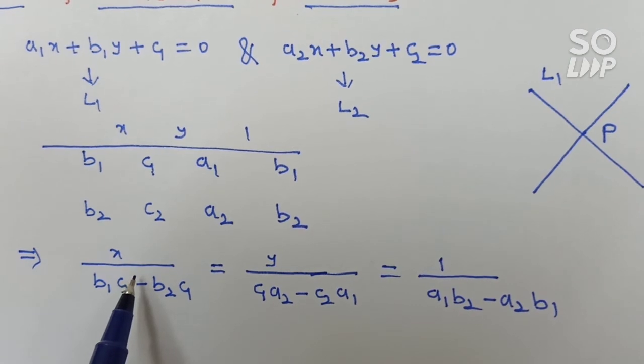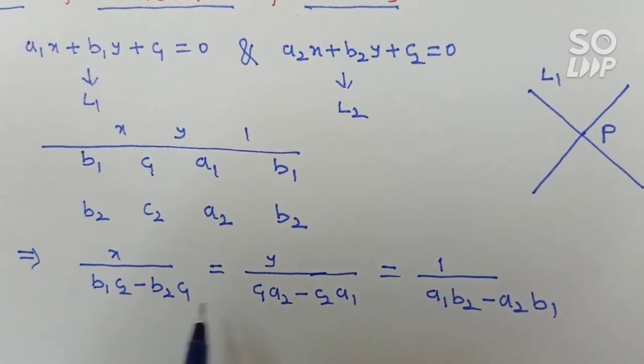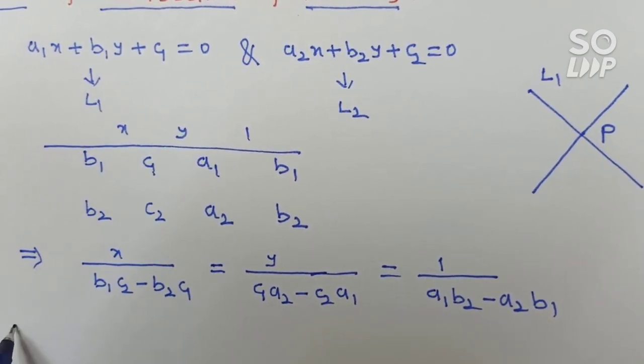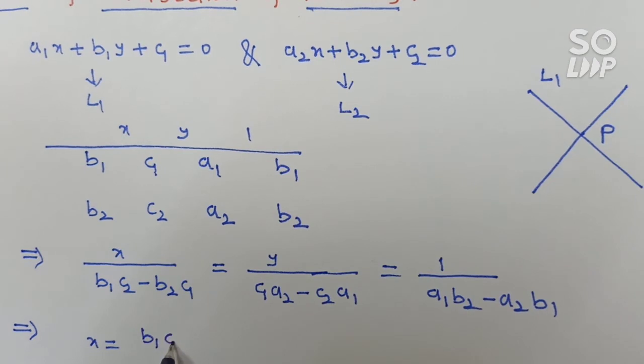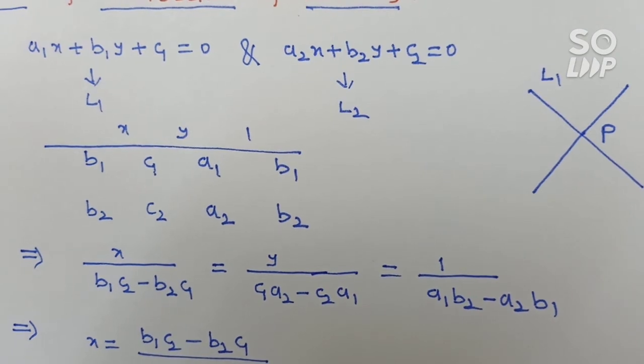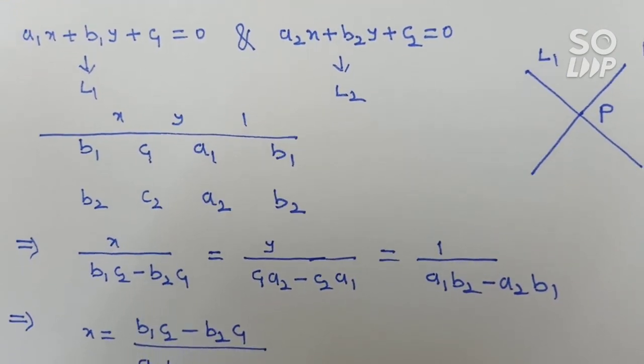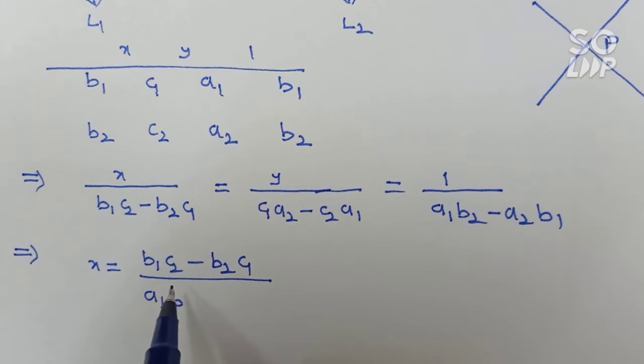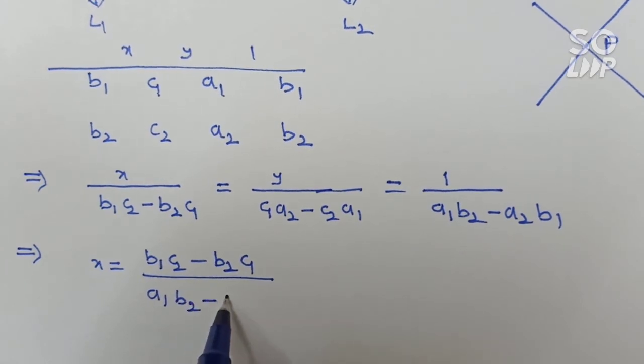By equating the first and the last ratio and cross multiplying, you get x is equal to (b1 c2 minus b2 c1) whole divided by (a1 into b2 minus a2 into b1).